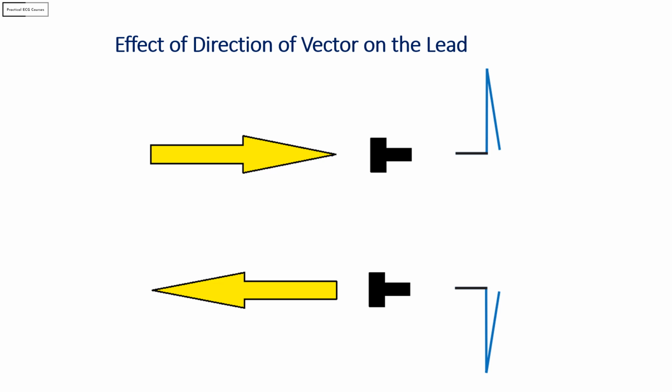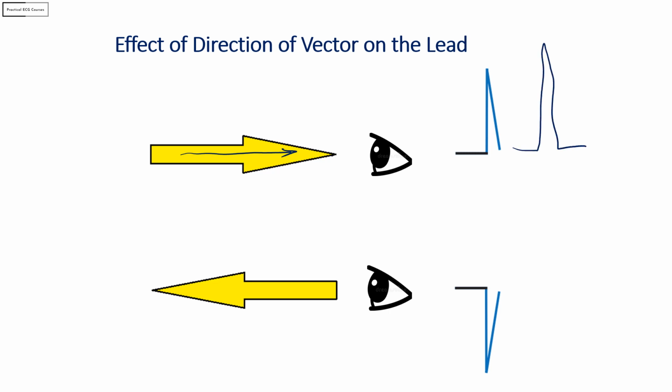Each lead can be considered to be an eye looking for vectors. If the ECG lead sees the vector as traveling towards it, it documents a positive deflection. And if the ECG lead sees the vector as traveling away from it, it documents a negative deflection. Now, this is a very simple but a very important concept which is critical in interpreting ECGs.